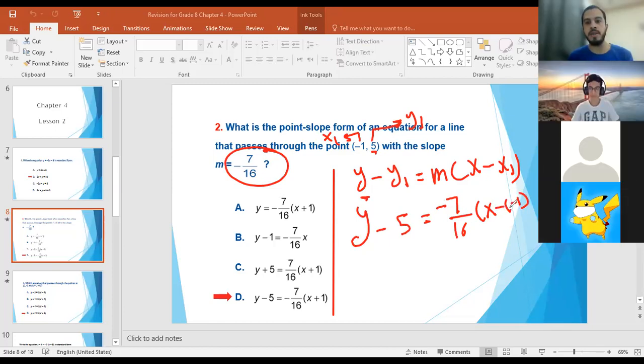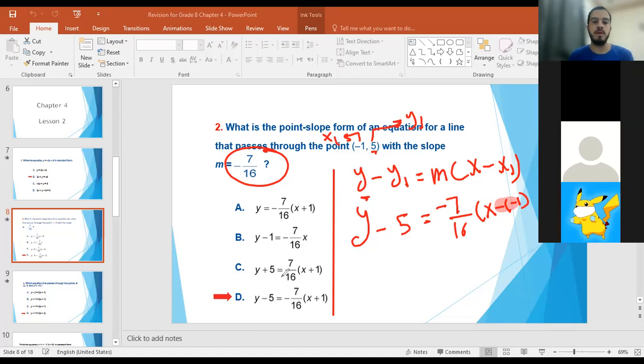If you see, you have minus negative, which is positive here. So that is the answer.